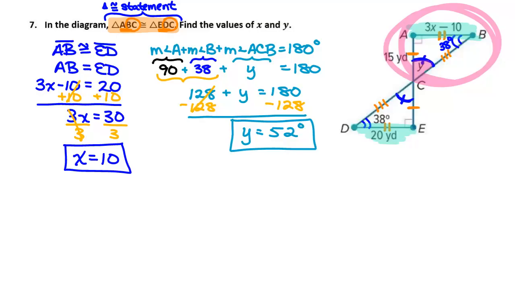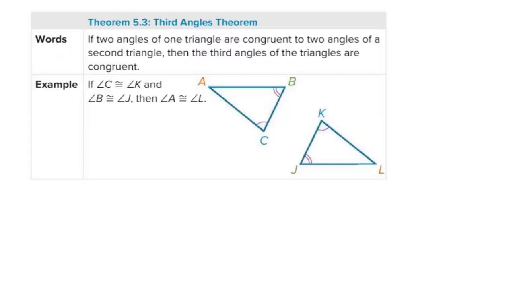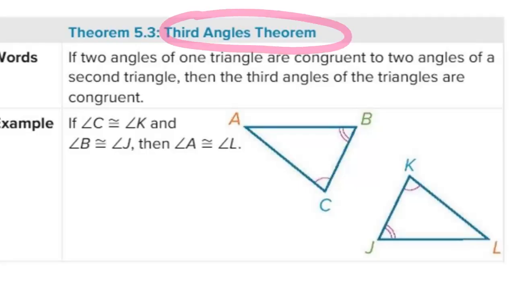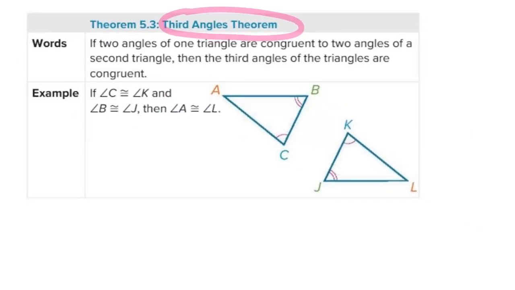All right. Let's look down at the next piece on the page, which is actually a new theorem that we're going to talk about called the third angles theorem. If two angles of one triangle are congruent to two angles of a second triangle, then the third angles of the triangles are congruent.